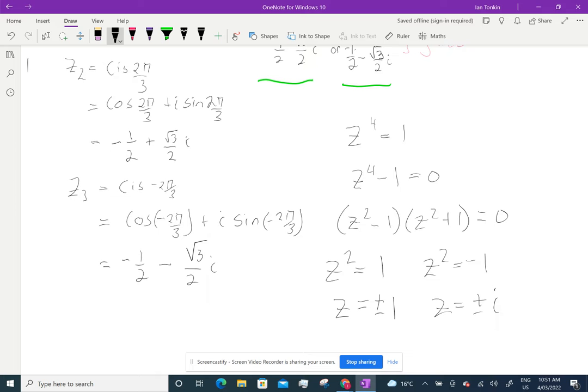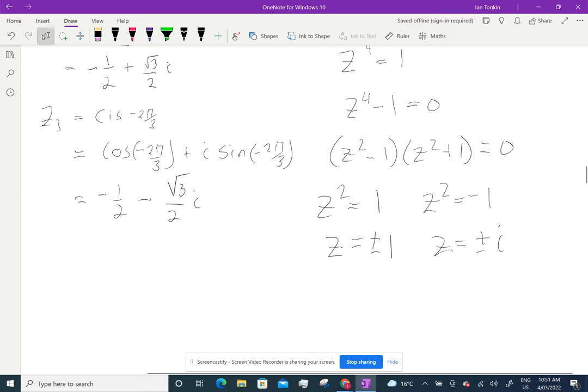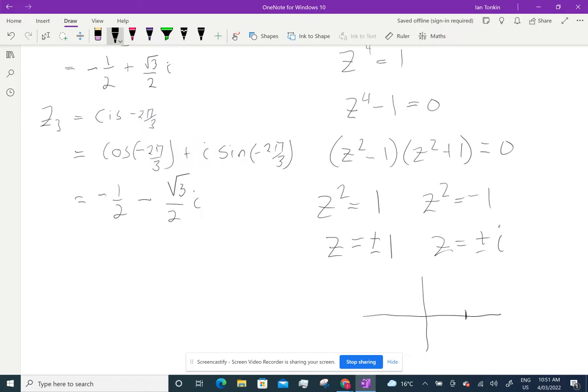Now let's think about this again. Where are these? If I draw the Argand diagram, we know 1 is a solution, so there's z₁, and 90 degrees apart there's the other one, and 90 degrees apart the other one, and the other one.